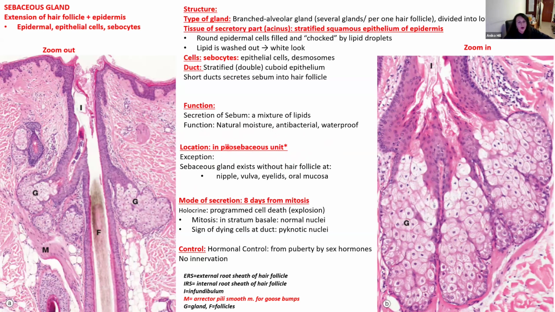Pilo refers to the arrector pili muscle. Sebaceous refers, of course, to the gland. And the third part is the hair follicle. There are exceptions to this rule. Sebaceous glands can also exist without a hair follicle at the nipple, vulva, eyelids, and oral mucosa.